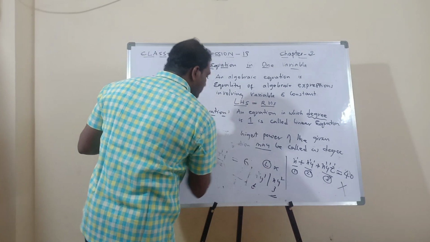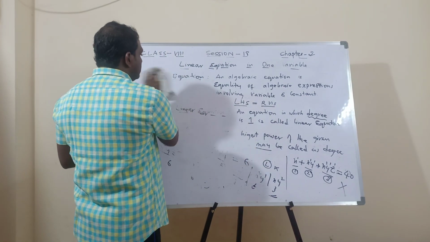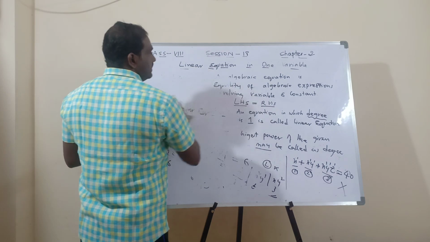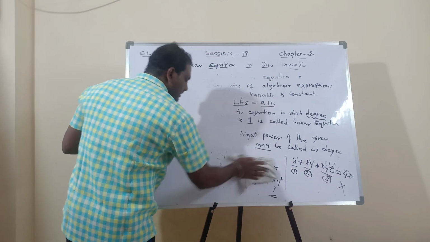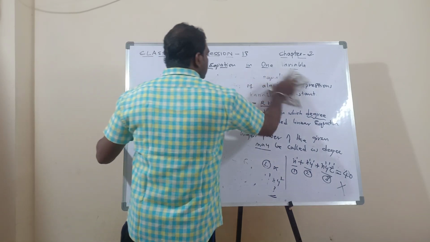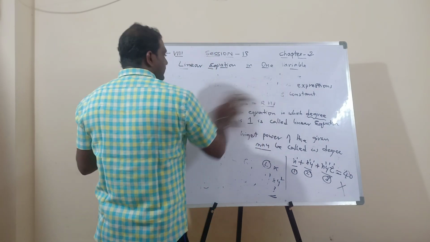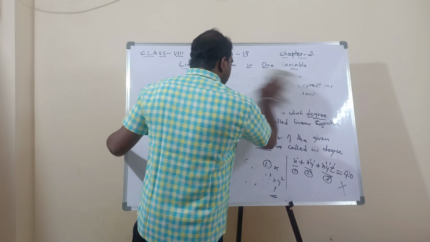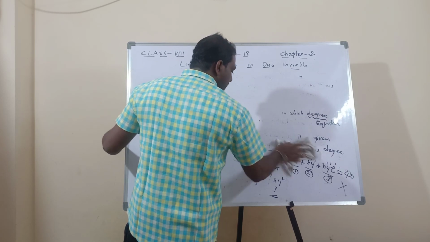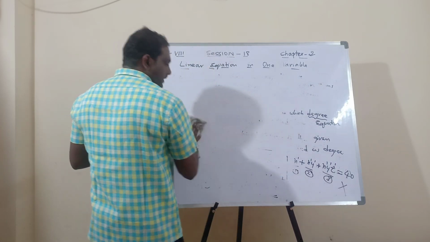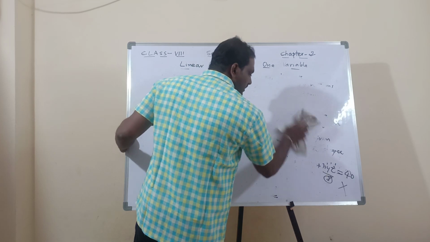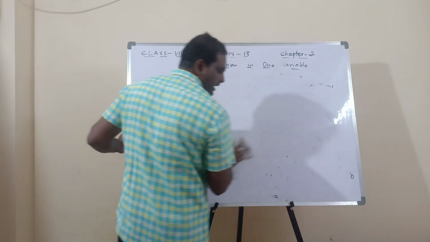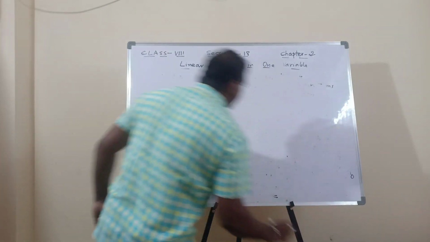Now we'll go for the definition of the given chapter. So what is the given chapter name? Linear equation in one variable. So now what is a linear equation? Degree must be 1, and one variable means, no doubt, it should have only one variable. Okay, now I'll go for the definition.